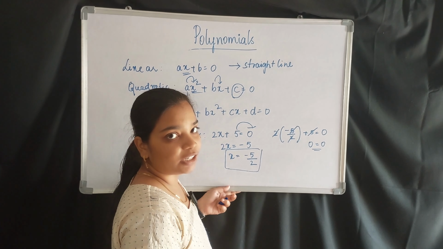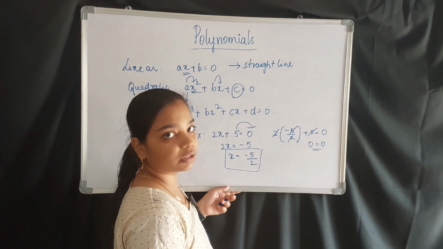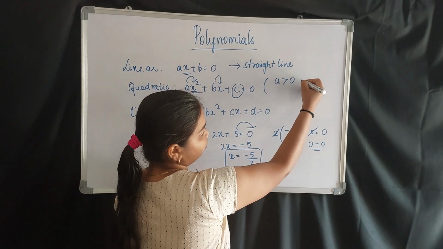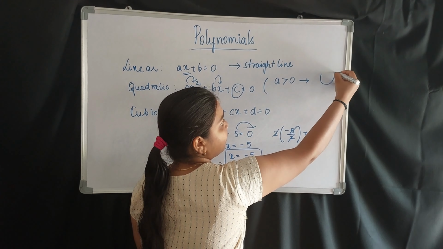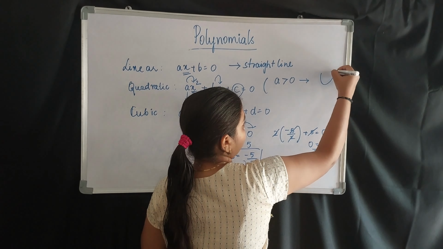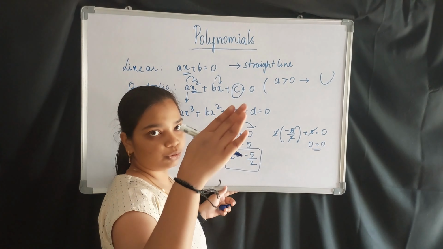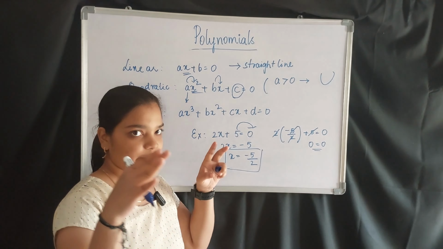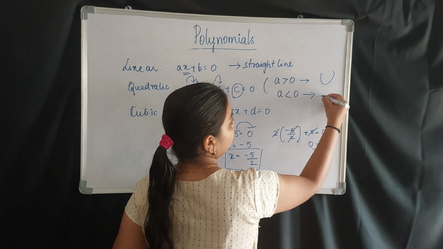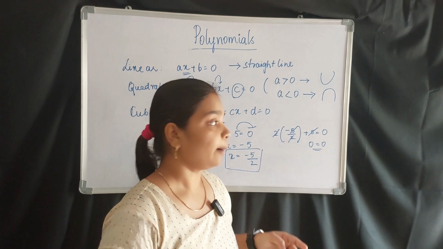So for two values of x, how will you draw the graph? If suppose a is greater than 0, it will be an upward parabola. The graph will be in the shape of a parabola and it will be U shaped, turned upwards. And if a is less than 0, then it will be a downward parabola.